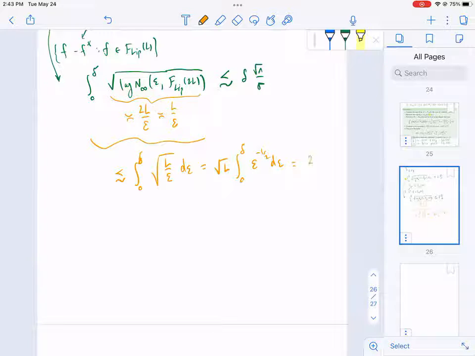Root epsilon, is that correct? There's also root L here, and then I have to do from 0 to delta, right? So you get 2 root L epsilon, right? Delta, yes, delta. So in the end, up to constant, this is just root L delta.